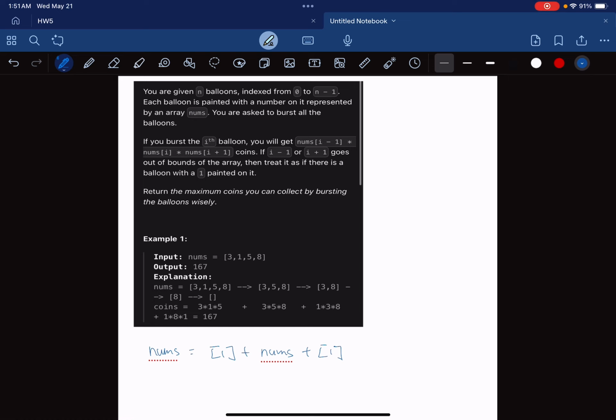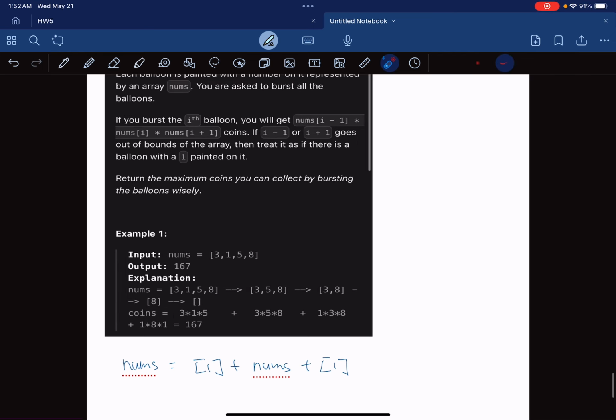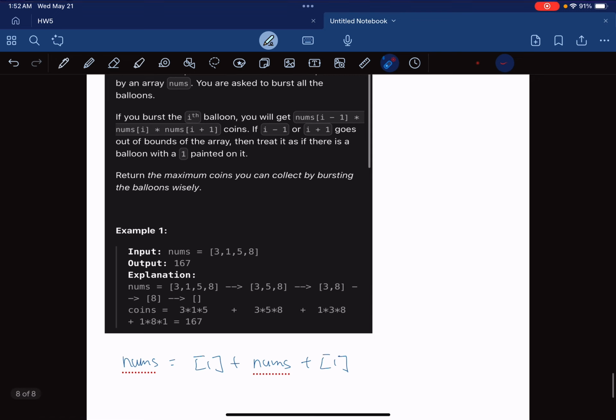And that has the beginning and the end. We notice that if we think about the forward logic in 3, 1, 5, 8, if we take out, for instance, 5 at first, then the DP would guide us to find the answer for 3, 1, and 8.